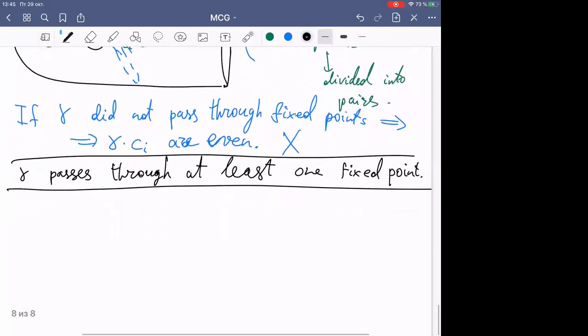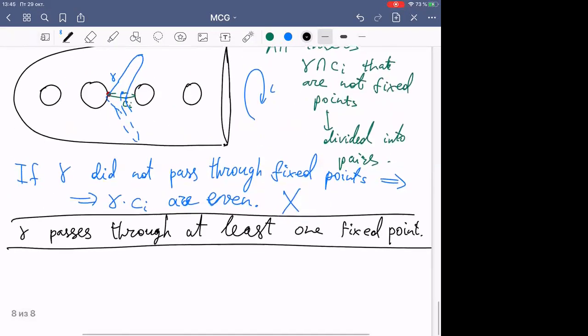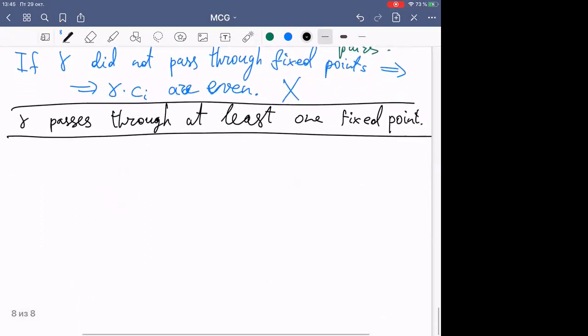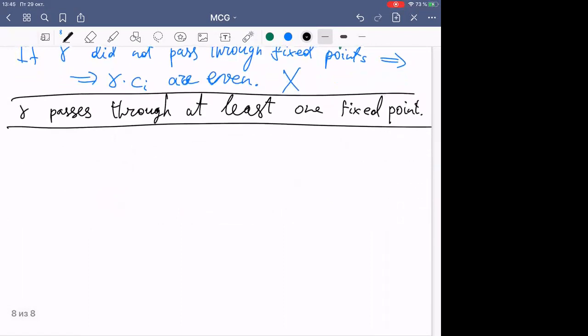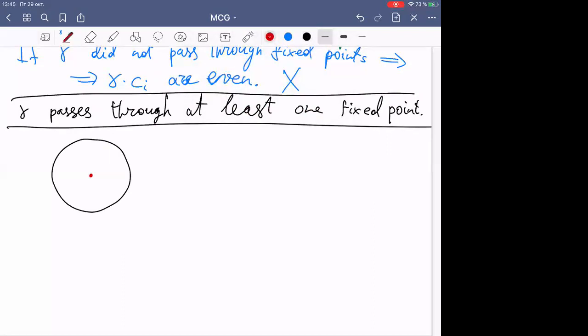Of course not. Suppose, I just want to draw a neighborhood of a fixed point.